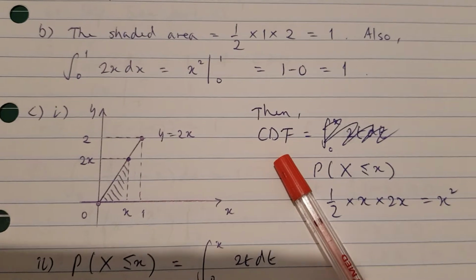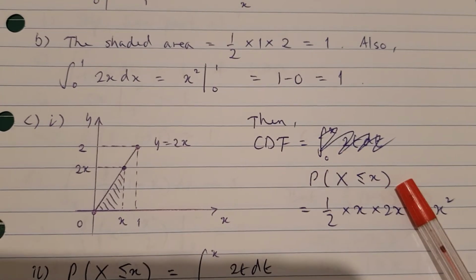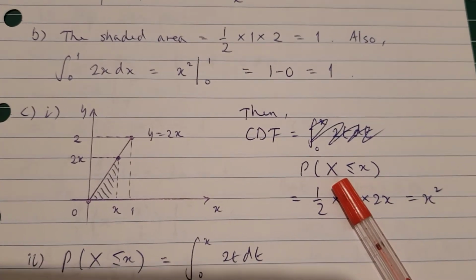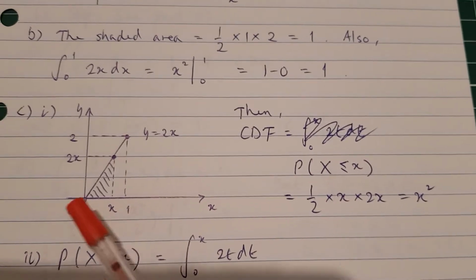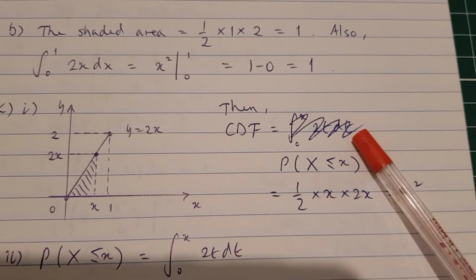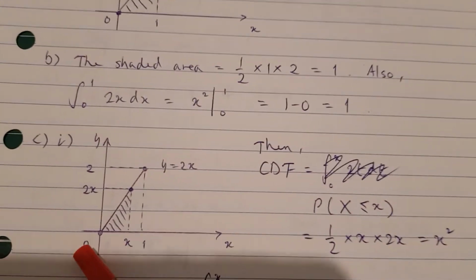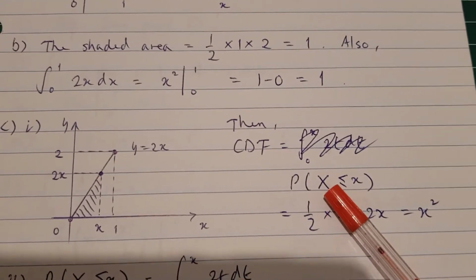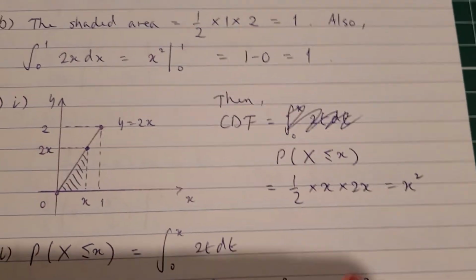That's the CDF in probability notation: P(X ≤ x). Big X is the continuous random variable, and x is, in this case, any value between 0 and 1. So x is one of the values in the domain between 0 and 1, and the big X is the continuous random variable. That's important to distinguish.